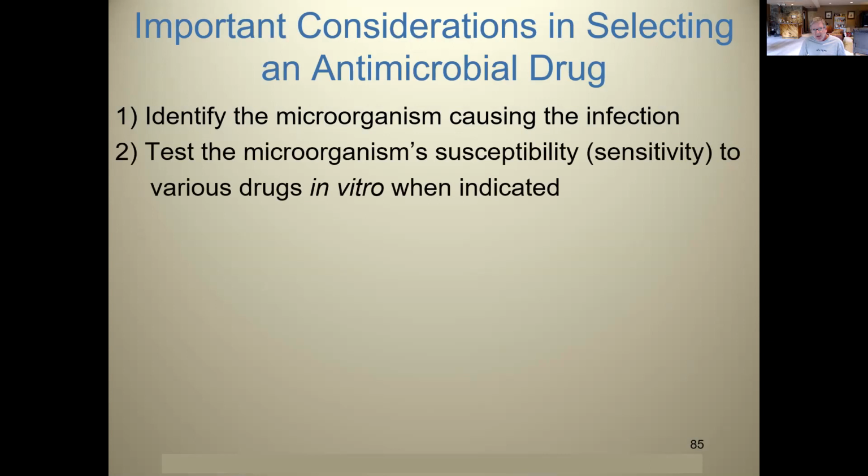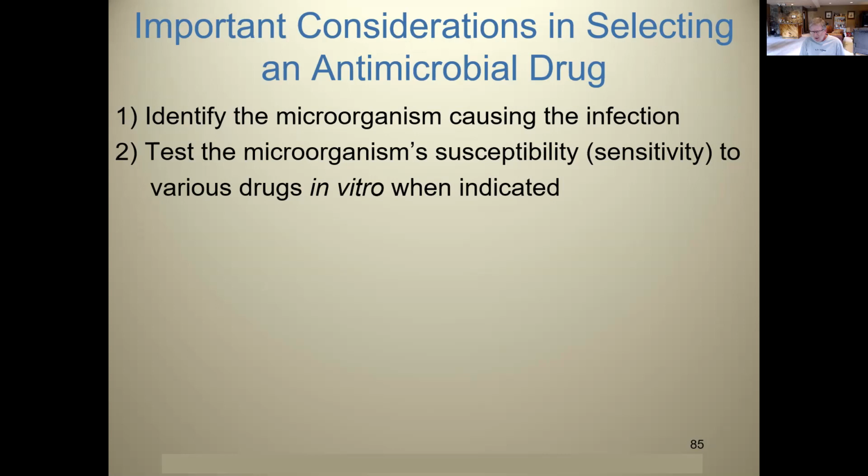Once we have identified the microorganism of interest, then we have to come up with some sense of how sensitive or susceptible, we'll just say, the bacterium is to a particular type of drug.